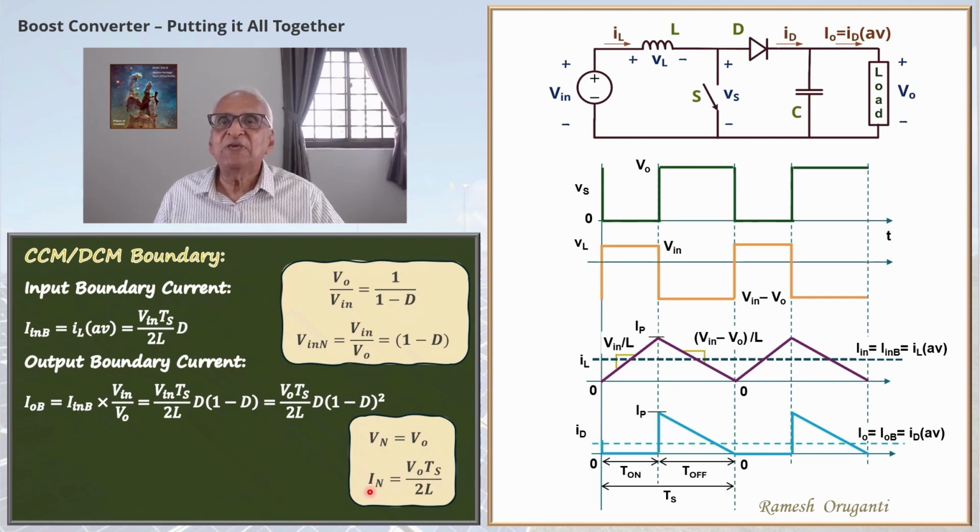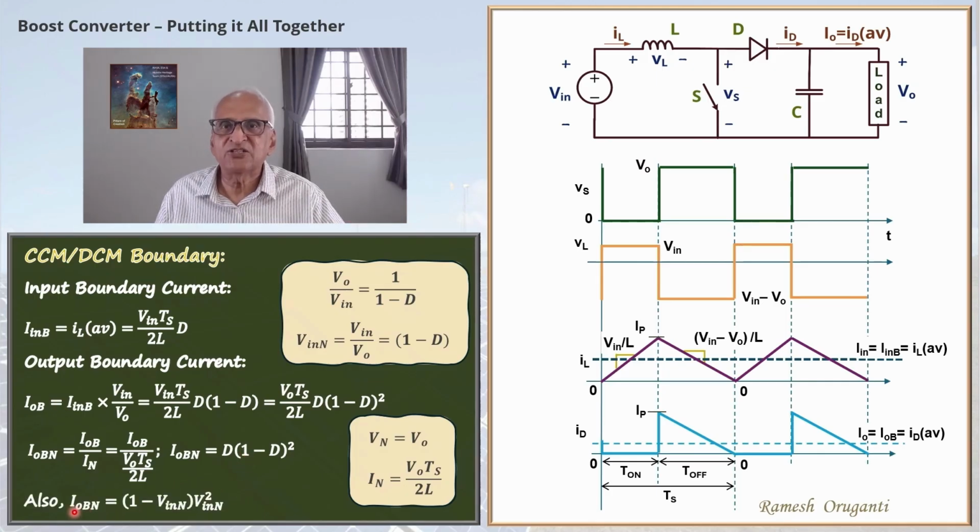So I_oBn, the normalized boundary current, is I_oB by I_n. So I_oBn will be D times 1 minus D whole square. Notice that V_inN is 1 minus D. So we can substitute for D in terms of V_inN. Then we will get I_oBn is 1 minus V_inN times V_inN square. We will use this equation later in this video, so we have highlighted it.